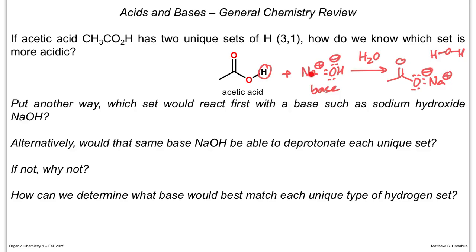So notice it's Na+, it still ends up as Na+. Nothing changes with it. But that negative charge on hydroxide now ends up on this oxygen from the acid. So we have plus minus, and then we end up with plus minus. As we start learning about mechanisms and accounting for electron movement, we have to make sure that we're not generating an excess of charge, because it's not allowed.